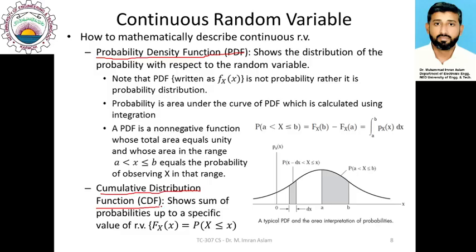CDF has the same concept in both the continuous and discrete random variable, that is, it is the sum of the probabilities up to that particular point. The only difference is that in this case we are now referring to a continuous random variable instead of a discrete random variable.